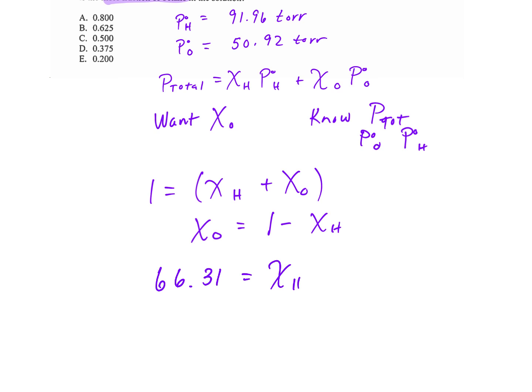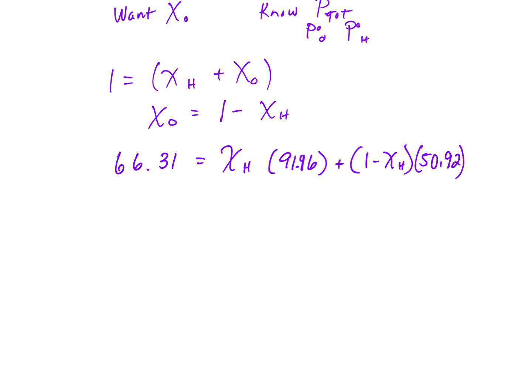Equals mole fraction of heptane times the pure heptane vapor pressure 91.96 plus the mole fraction of octane, which is 1 minus mole fraction of heptane, times the 50.92. Okay, now we get to do algebra. I'm going to let you do that on your own. I'm going to sort of fast forward a minute here.